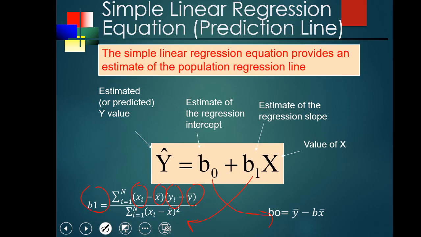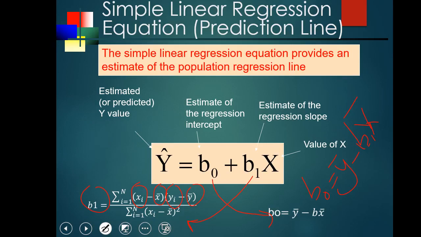Now beta naught depends on beta 1. This equation is basically beta naught is equal to y bar, which is the mean of y, minus beta 1 x bar. That is beta 1, which we calculate from the equation.